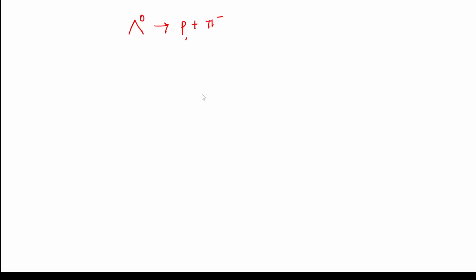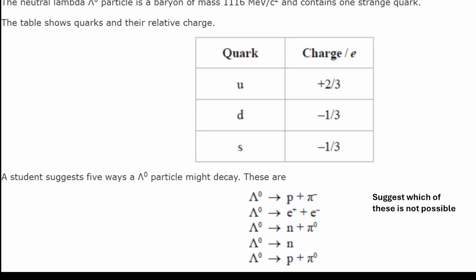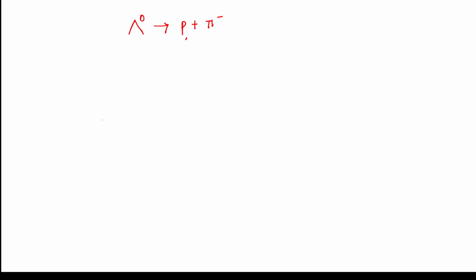Why is this possible? Because the charge is conserved and the baryon number is conserved. So this is definitely possible. Now let's do the next one. Delta 0 is positron plus electron. So the charge is conserved.